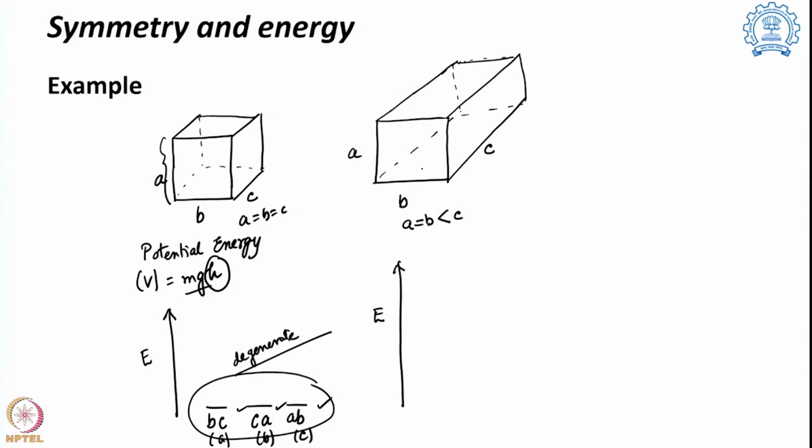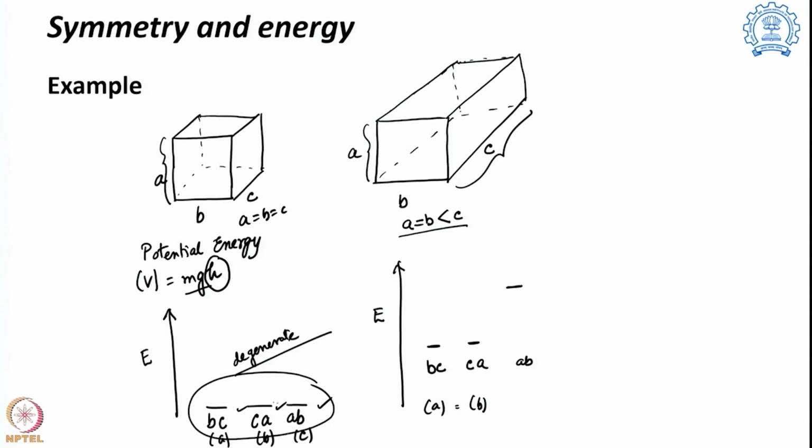I can put them on 3 different faces: BC, CA and AB. BC will be this face, the height is A, so the energy will be somewhere around here. If I put it on the CA face, the height will be B, and A and B are the same here, so their energy will also be the same. But when I put it on the AB face, the height will be C, and C has a much higher height, so the energy will be higher.